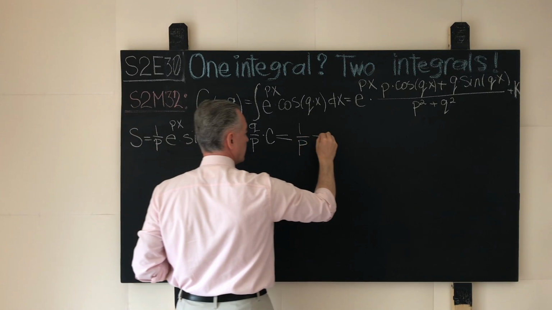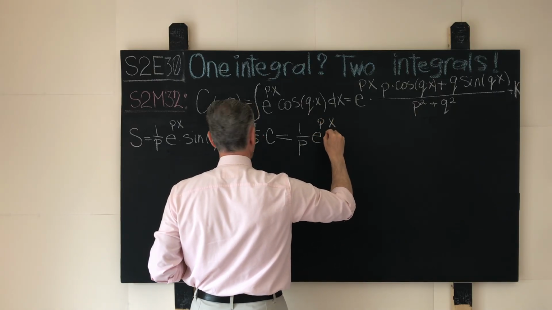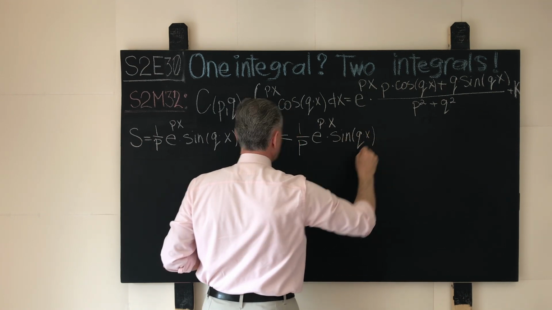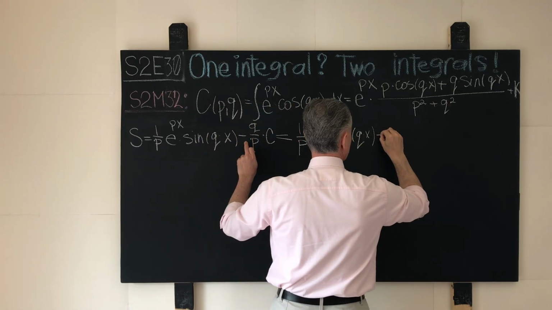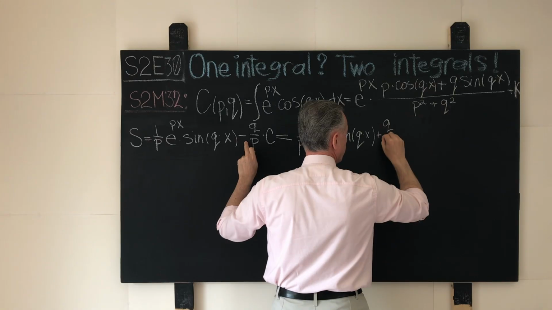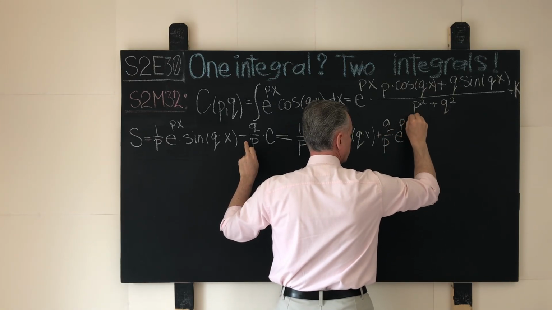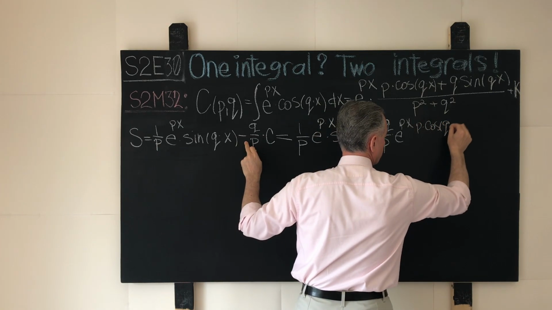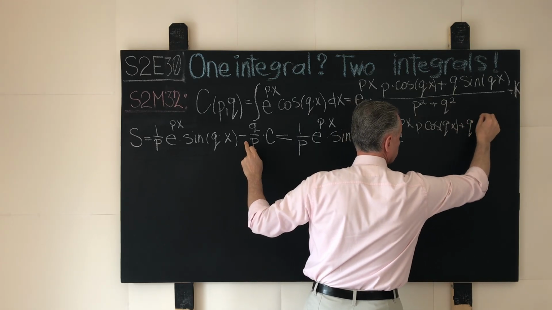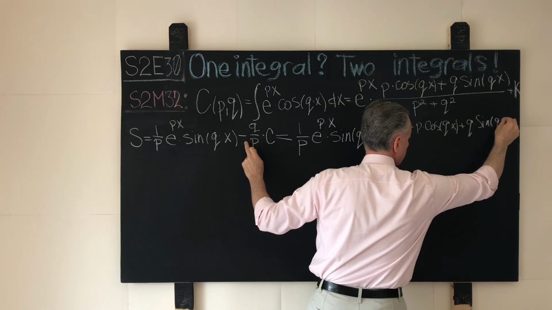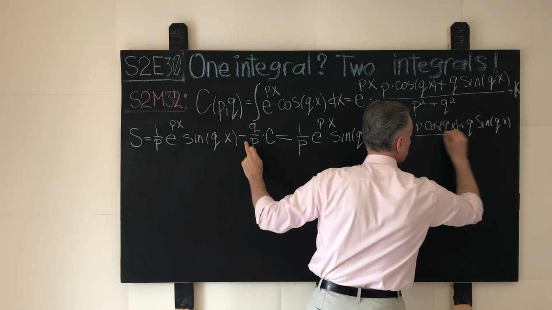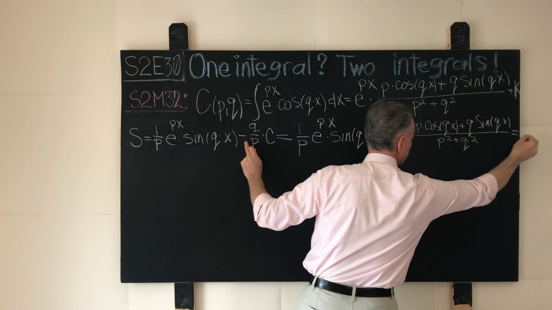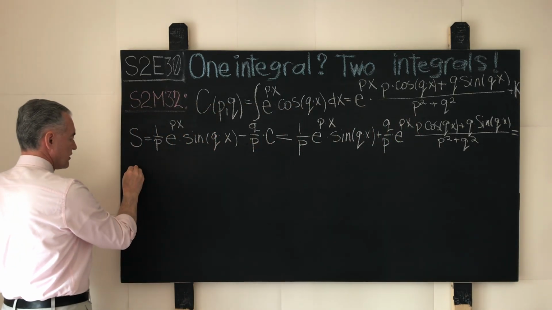So what do we have? 1 over p, e to the power p times x times the trigonometric function of sine evaluated at the argument q times x, minus q over p times e to the power p times x, and here we have p times the cosine of q times x plus q times the sine evaluated at the argument q times x, divided by p squared plus q squared, equal, let's bring it over here to the left hand side of your screen.